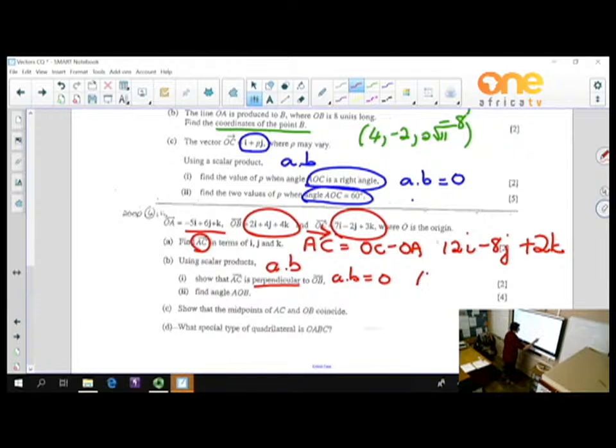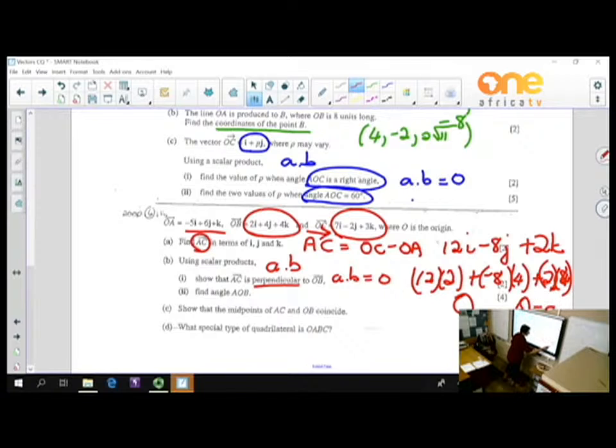So I'm going to show that 12 times 2 plus negative 8 times 4 plus 2 times 4, and this is giving me 0. So now conclude, theta is 90 degrees, and AC is perpendicular to OB. Make that statement. Find angle AOB.